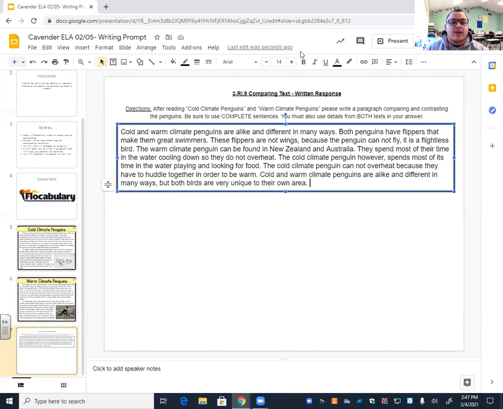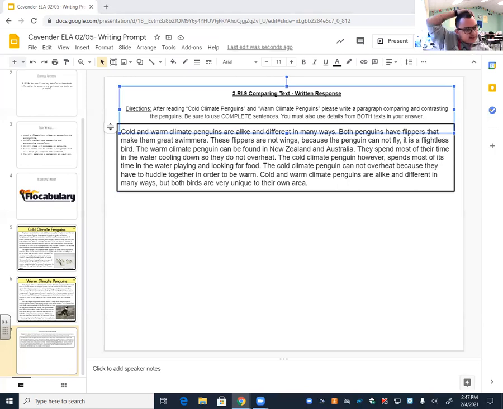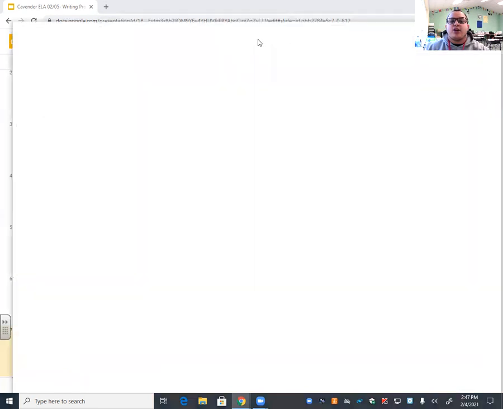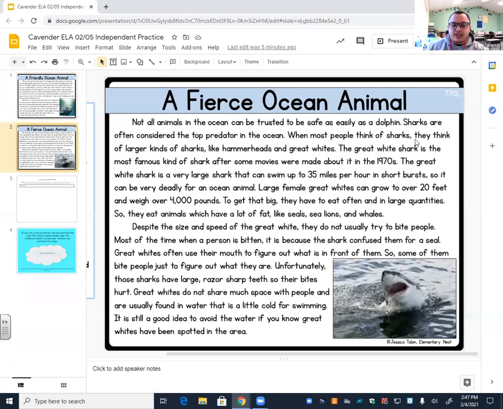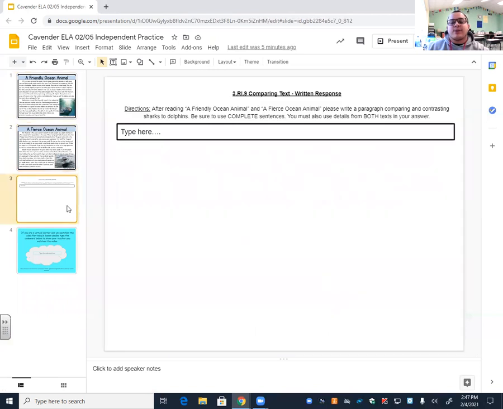Now, showing you what you're going to do in your assignment. When you get into Canvas and you follow the steps to get to today's assignment, you are going to open this. So today you're going to be reading about a friendly ocean animal and a fierce ocean animal, and then you are going to be writing a paragraph just like I did about the penguins, but comparing and contrasting a dolphin to a shark.